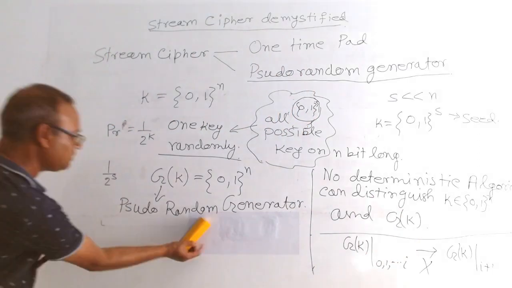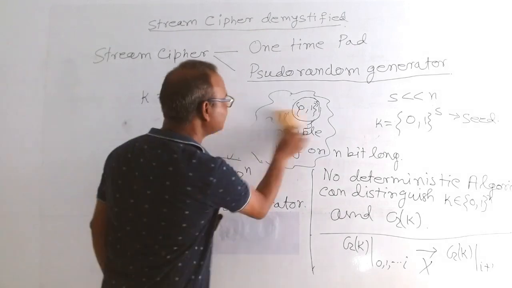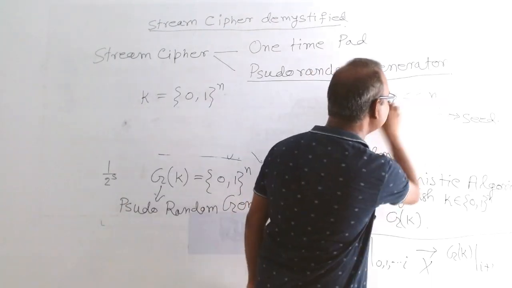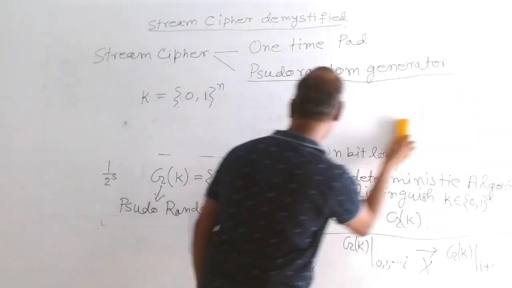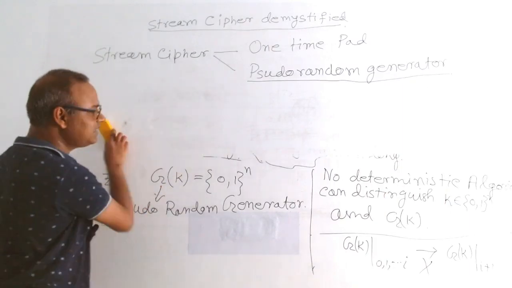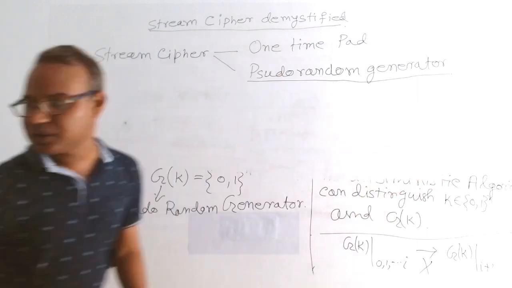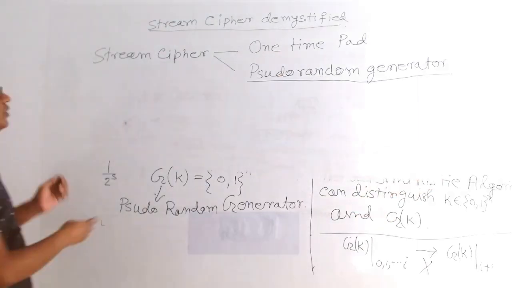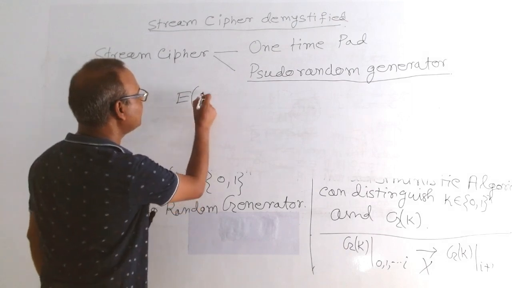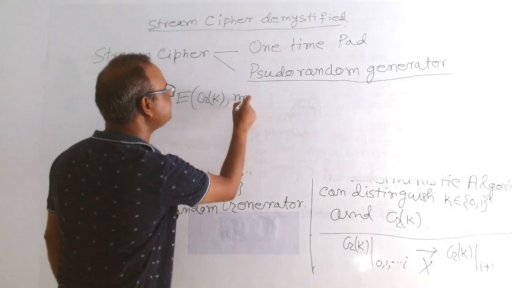Okay, now what's next? Now we are close to stream cipher. We don't have the long key like OTP, but we have the pseudo random key, so the algorithm will be changed a little bit for the stream cipher. What we are going to do, the encryption algorithm will be encryption of Gk with m.